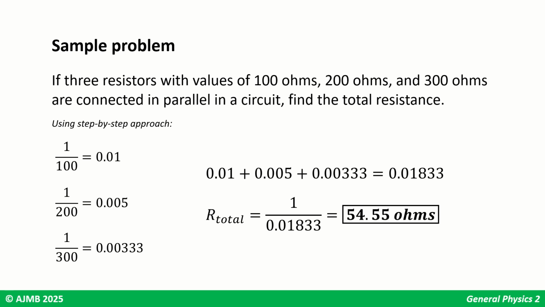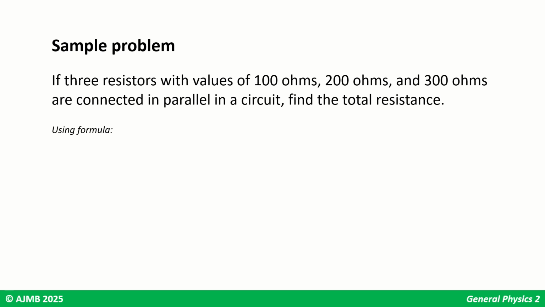So that's the step-by-step approach. This is very useful if your scientific calculator cannot handle a straightforward approach. But I wish you would use the next approach, because I think it's a bit simpler.